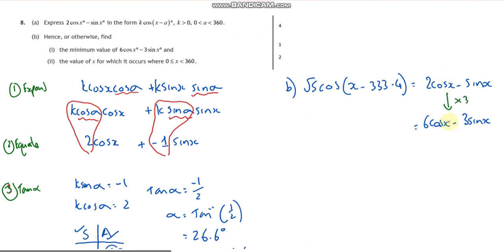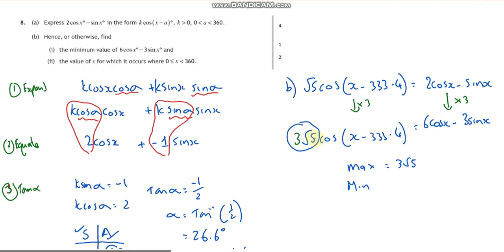So if I do the same to this function, if I times this by 3, I'm going to end up with 3 root 5 cos x take away 333.4 equal to that function. So this becomes my maximum value, and it'd also be the minimum value as well, wouldn't it? So the maximum would be 3 root 5, and the minimum would be negative 3 root 5. Okay.